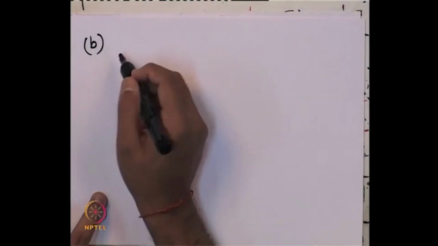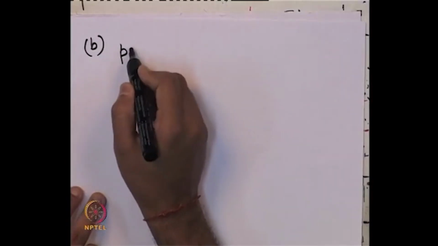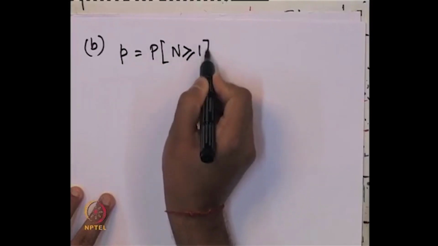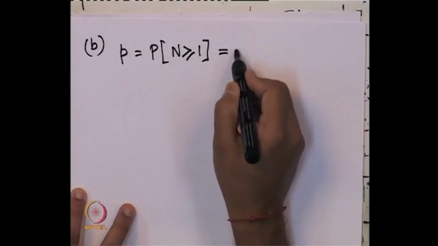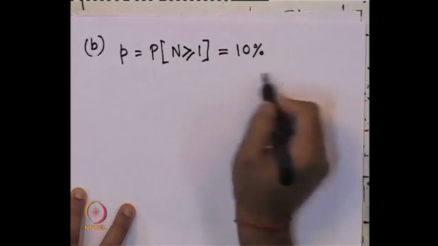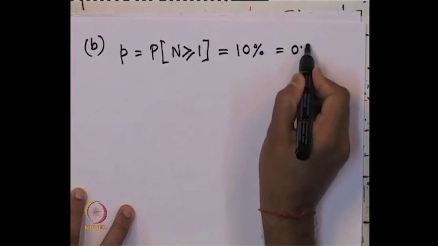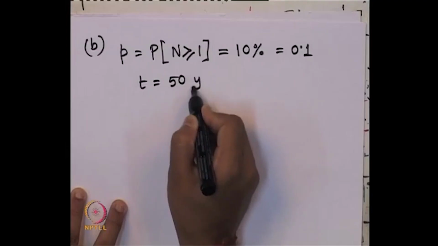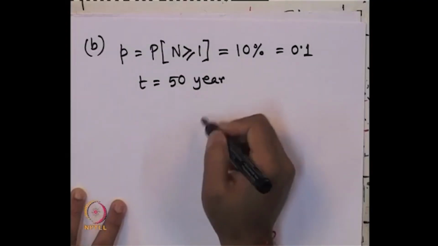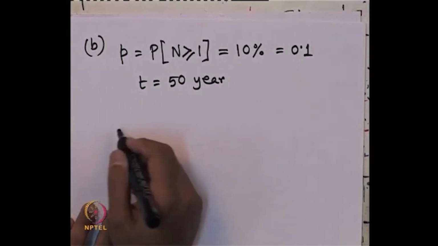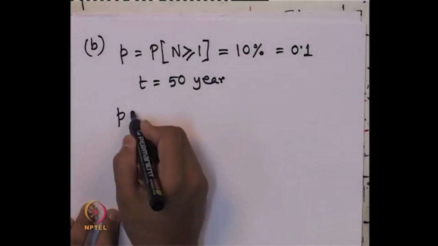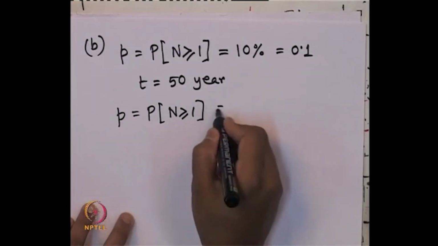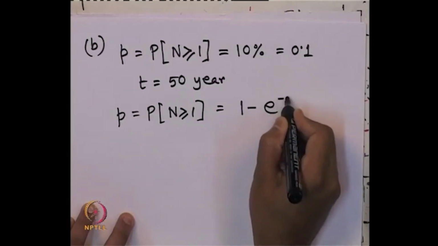In this case, P is given for an event of at least one, which is 10%, that is 0.1, and T is given as a 50-year time span. Now, the expression of P for this condition of at least one event, we already know from the Poisson's distribution.